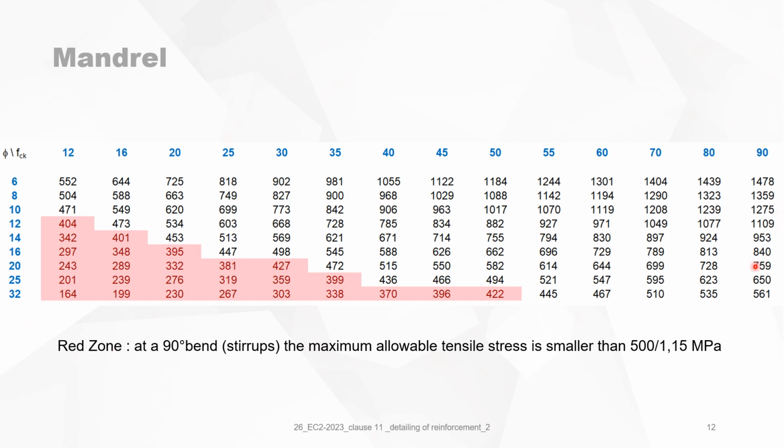I've taken the summary table again for the different concrete grades in function of the diameters of the rebars. And then you will see the red zone is where the maximum allowable tensile stress is smaller than 435 megapascal. So that's what I've indicated as red.